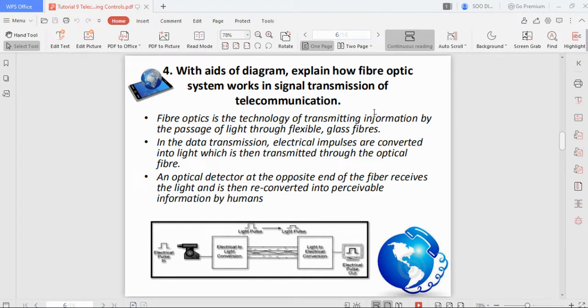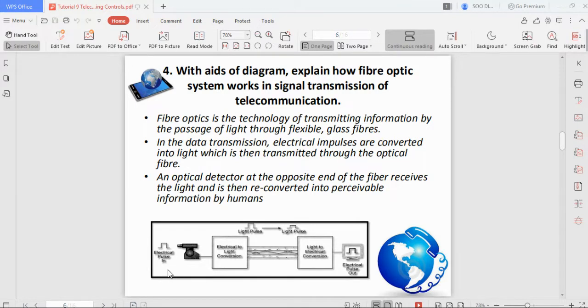Okay, so next, this is asking you to explain how fiber optic system works in signal transmission of telecommunication. So basically, fiber optic is still the same as the normal twisted pair cable or the coaxial cable, but instead of using electricity, they are using light. So the principle is the same.